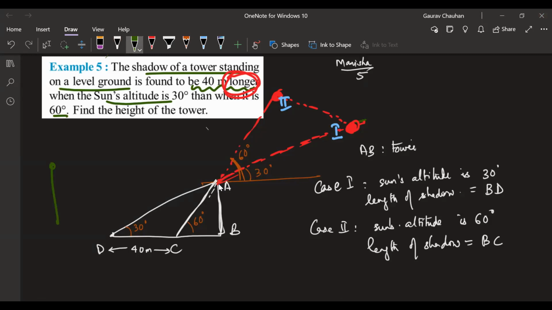Okay, Dilruba. Suppose Dilruba is 10 inches taller than MG, just taking an example. This is Dilruba, this is MG.